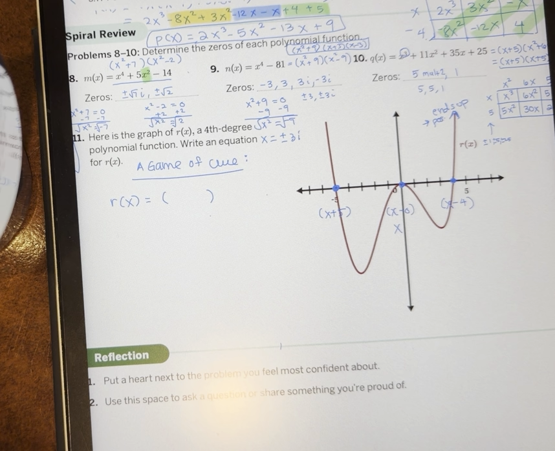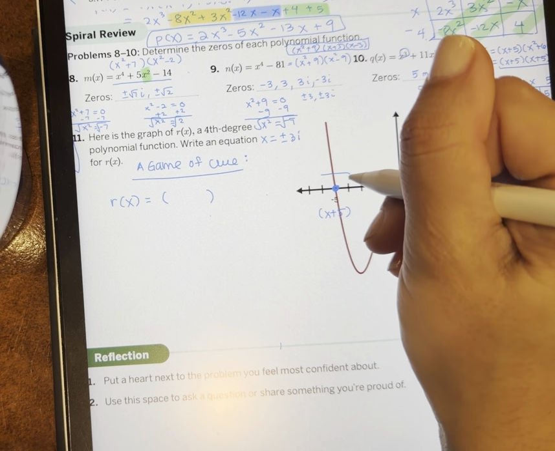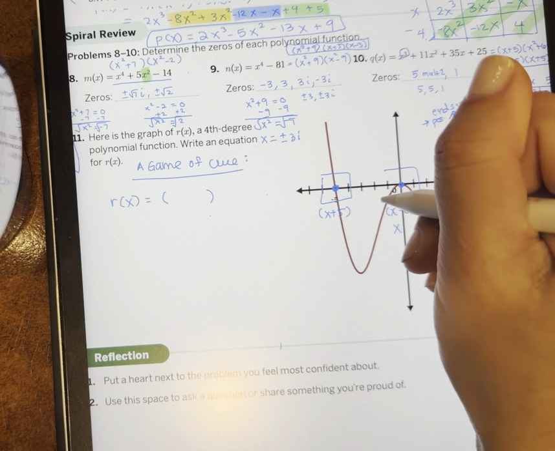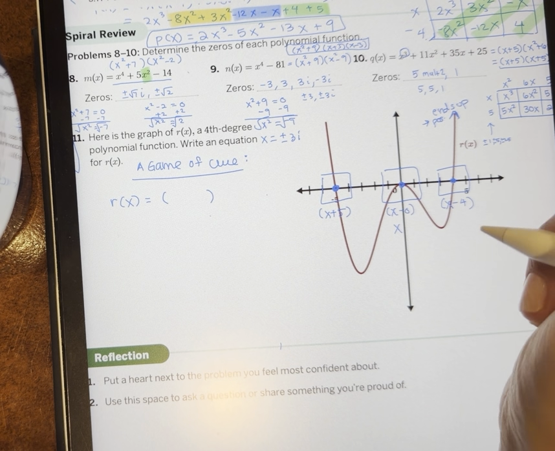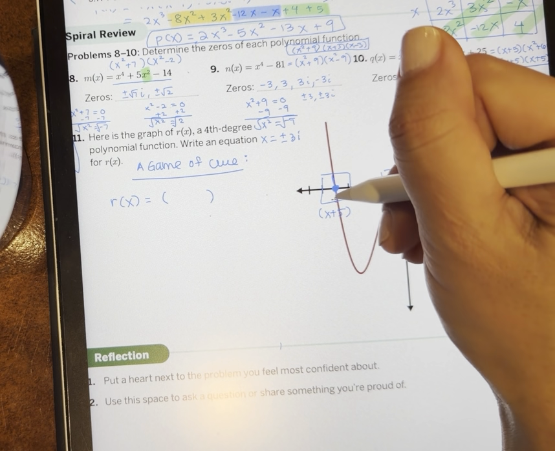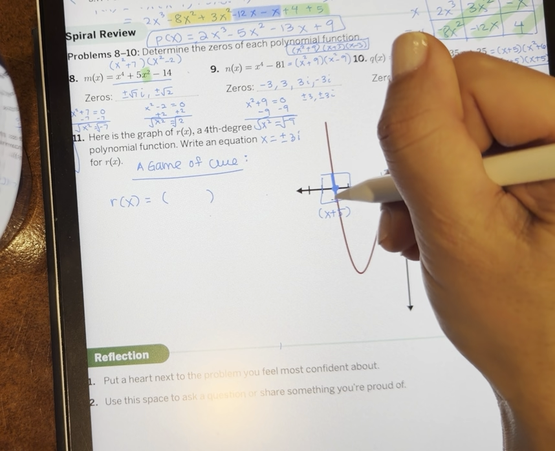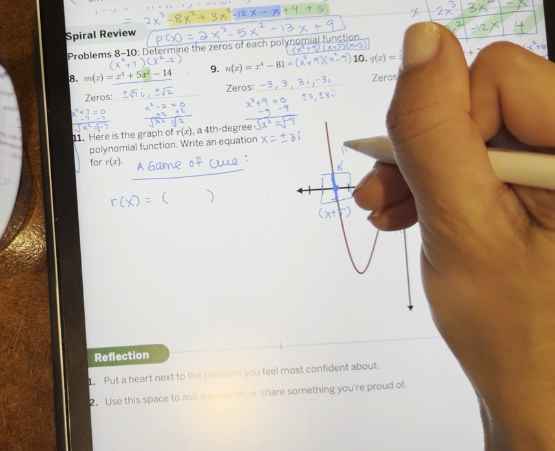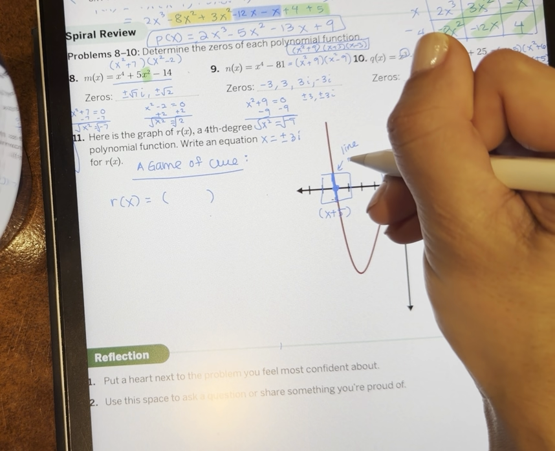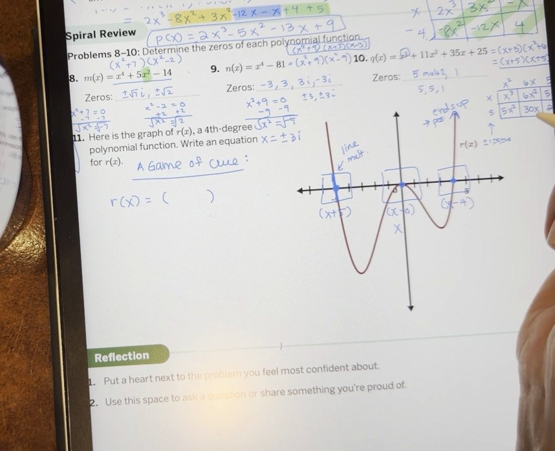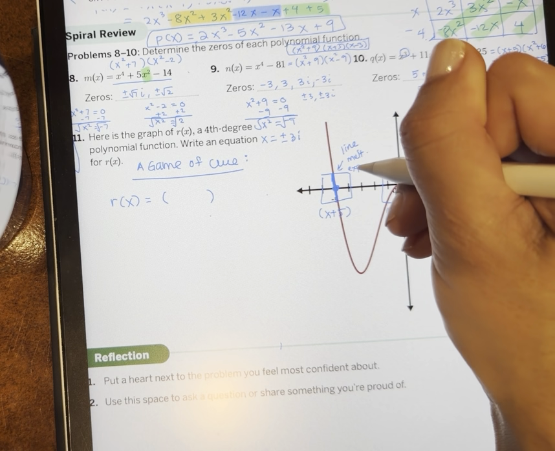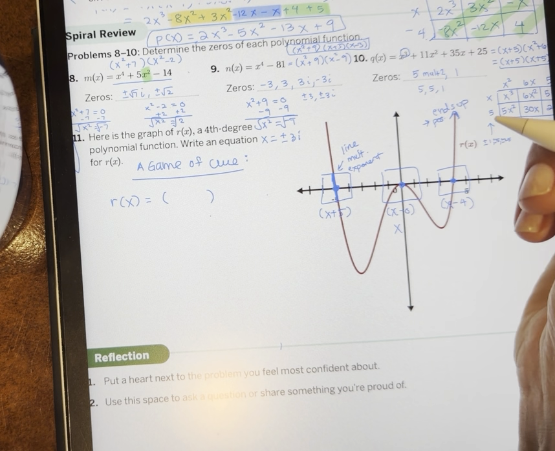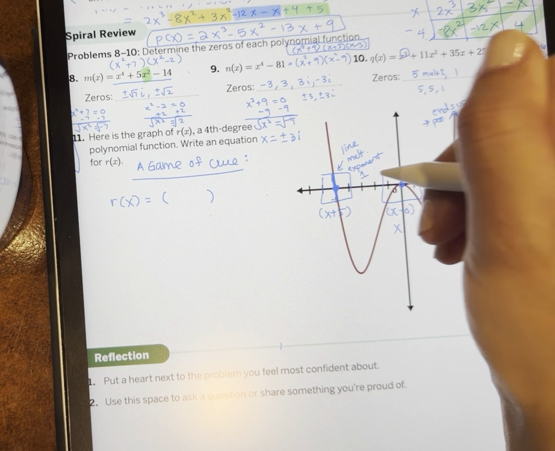And then this next clue is going to be the shape right here, right here, right here. If the shape that's inside that little box you draw around your x-intercept looks like a line, then the multiplicity of that zero, meaning the exponent on that factor, is going to be 1.